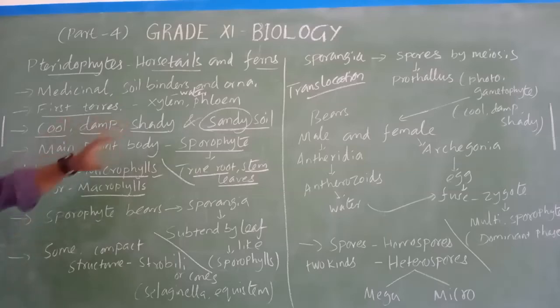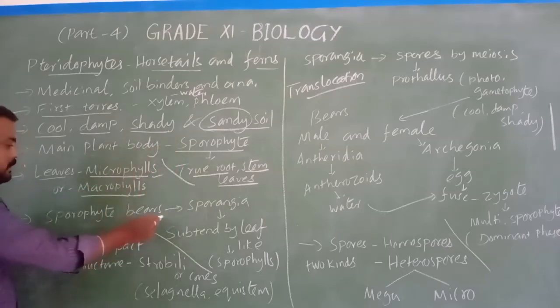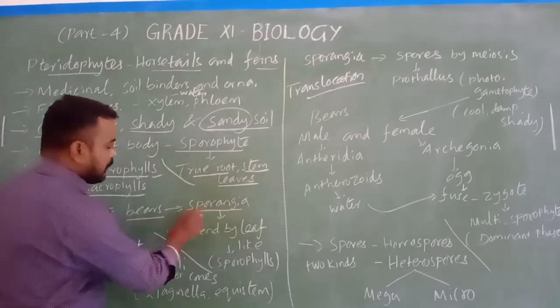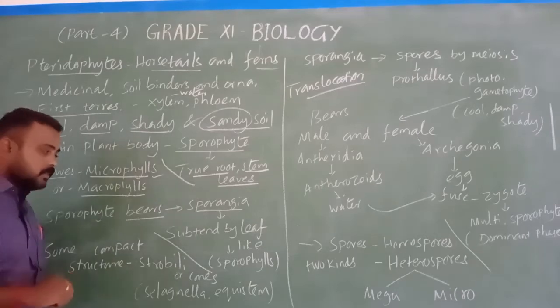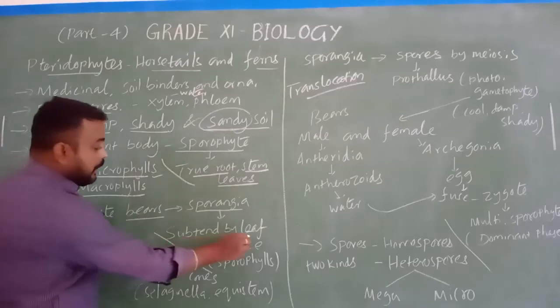The sporophyte. When we talk about the sporophyte, it bears sporangia. The sporangia, which are sustained by a leaf-like structure, are called sporophylls. So the sporangia are present just below the leaf-like structure.